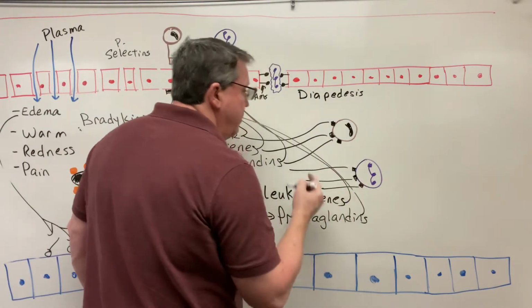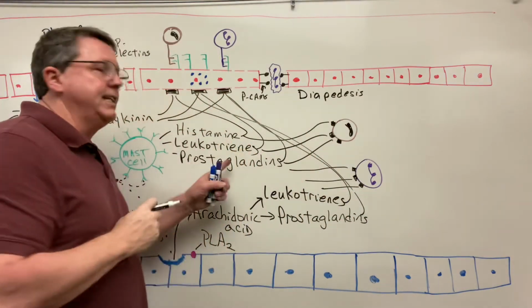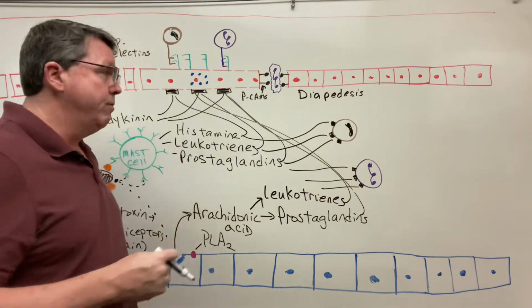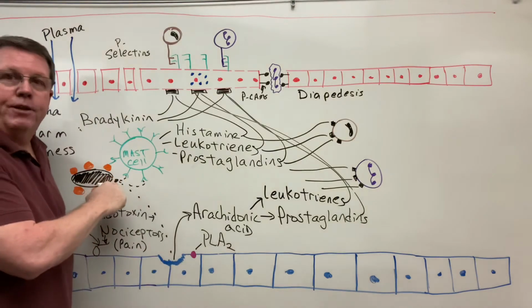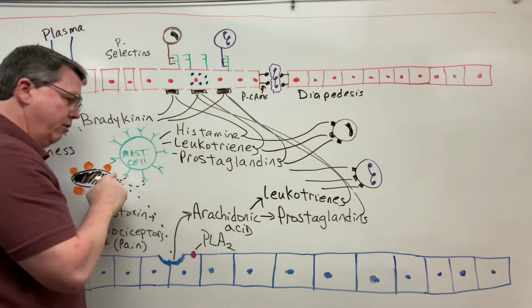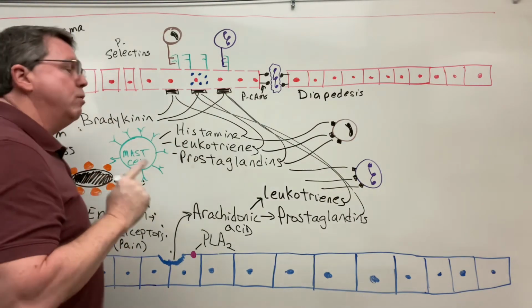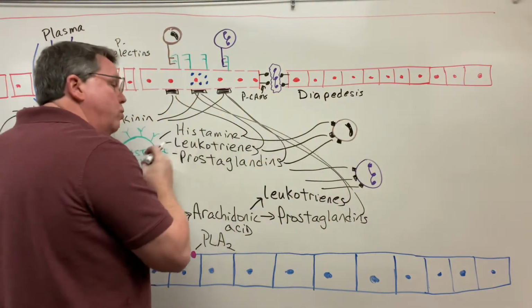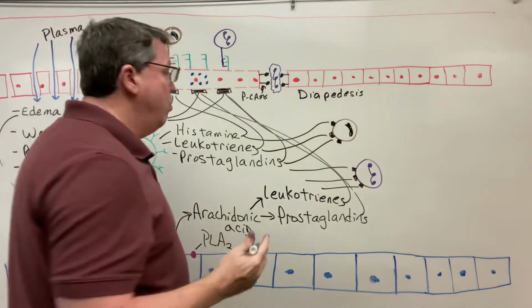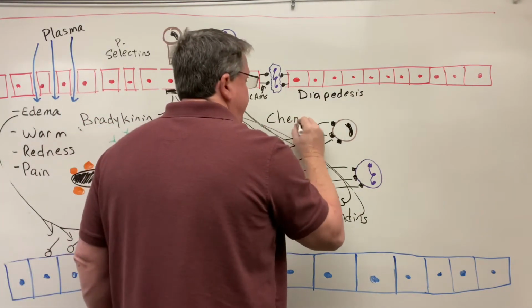When it does, two things will happen. First, these are not called cytokines, they're called chemokines, right? And they're going to tell these, you need to come over here to get this bacteria. You need to come over here to get this bacteria, right? So what's going to happen is those are going to come over here. Now, when a white blood cell goes to an area to help, we call that chemotaxis.